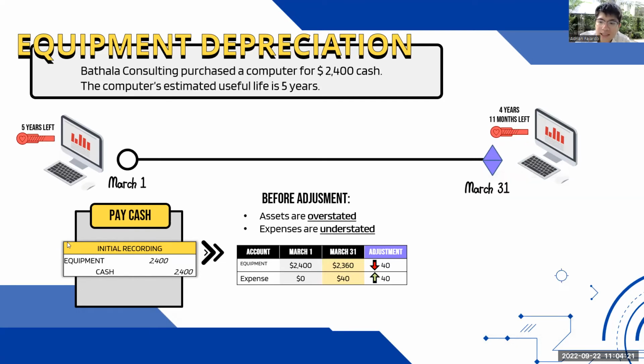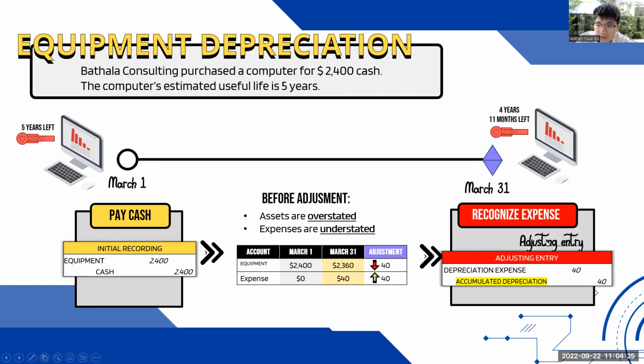Right? And therefore, our adjusting entries for this would be, we increase our expense, depreciation expense at 40 at debit, and then we credit an asset. So intuitively, you'd think we'd credit equipment.